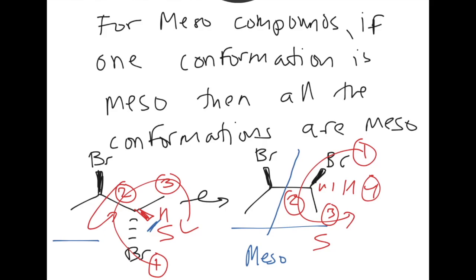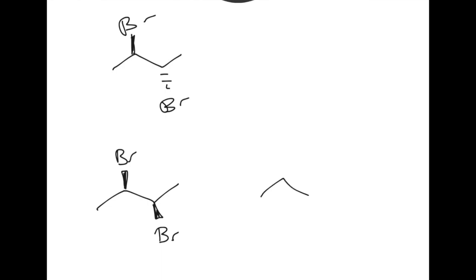So if we looked at this molecule, this configuration, this version of this molecule, this is meso. But now this stereoisomer and this stereoisomer are enantiomers of one another.